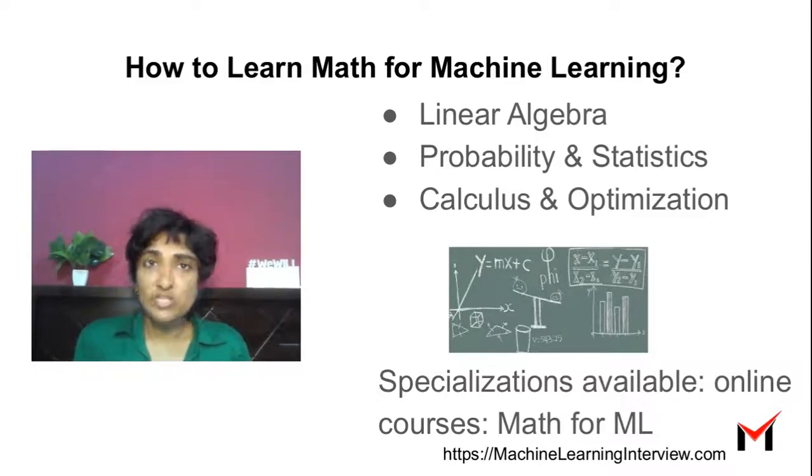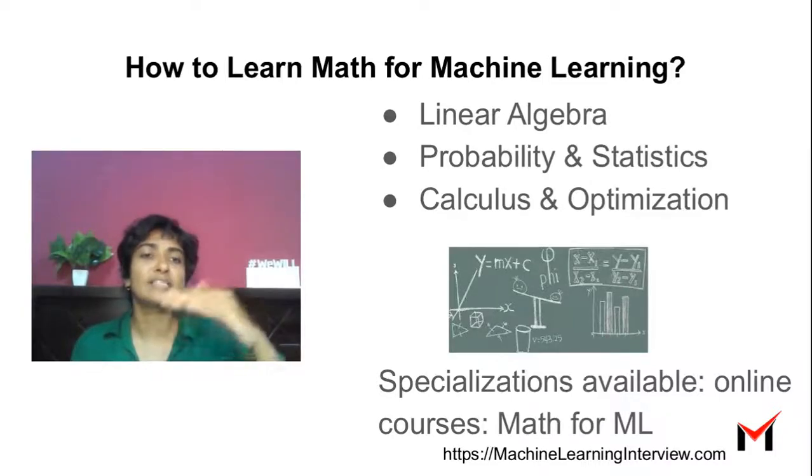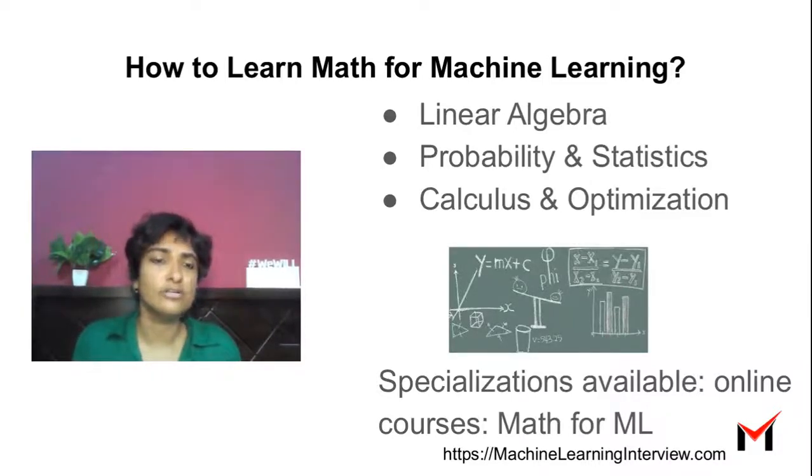Calculus and optimization helps one figure out how to solve loss functions, or you can represent your model as a function, and how do you find those parameters of the model that lead to the maximum probability or the least value for the loss function.